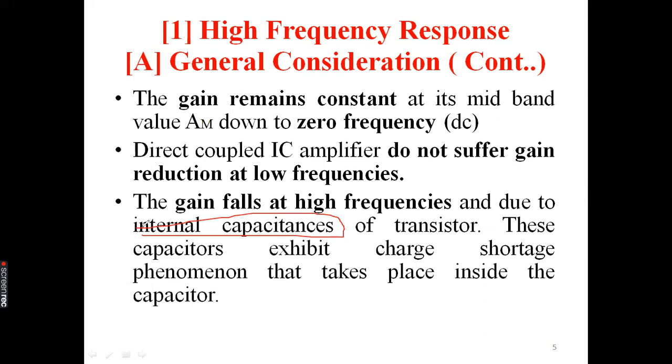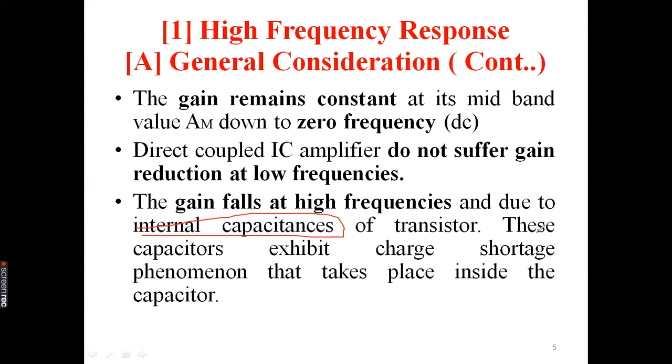For example, we have the capacitance between gate and drain. Similarly, we have the capacitance between drain and source, and between gate and source. These capacitances contribute towards the gain reduction. How is the gain getting reduced?